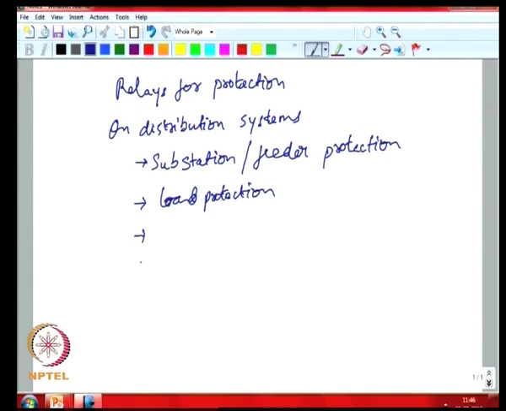And certainly, if you connect a large distributed generator source, you would think of protecting it with a relay. So, you would have the distributed generation or DG interconnection protection.